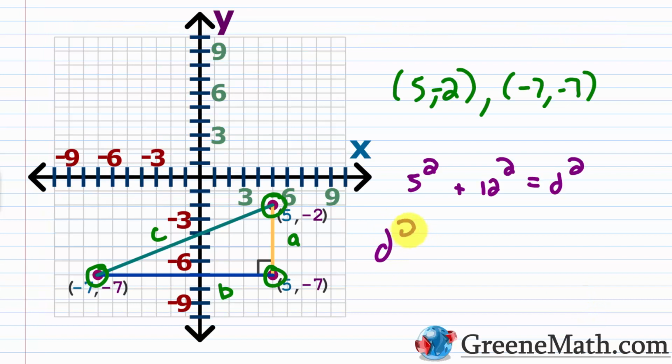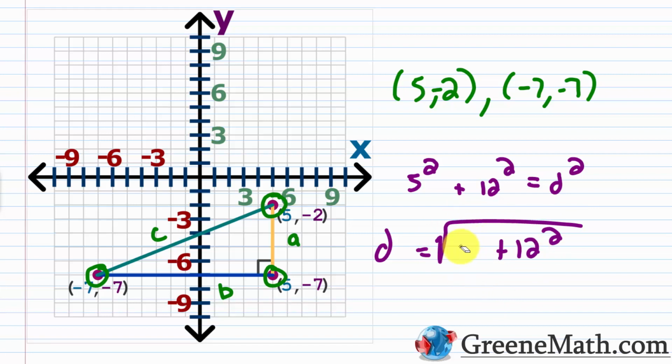So D squared equals 5 squared plus 12 squared. If I take the square root of each side, then this would go away, and I have the square root of this. Then I could just calculate this. 5 squared is 25, and 12 squared is 144. And then 25 plus 144 is 169. And we all know the answer from earlier, D equals square root of 169, which is 13.